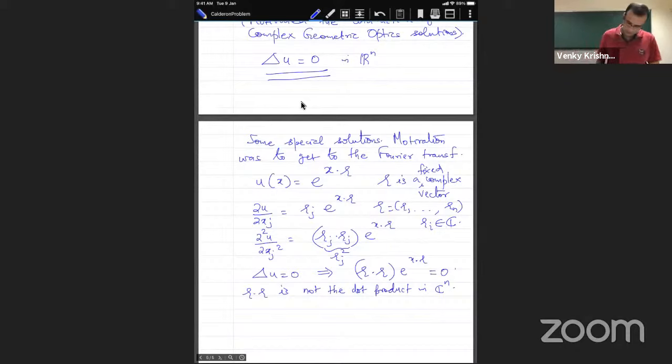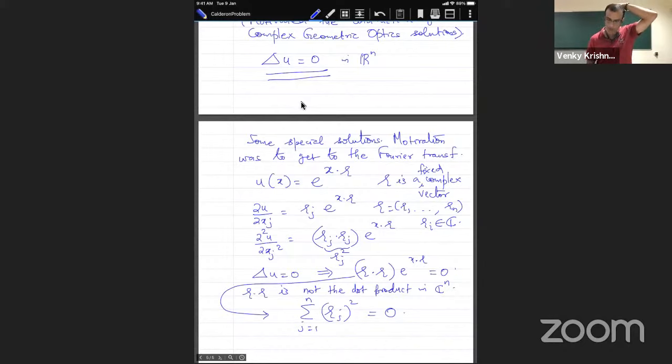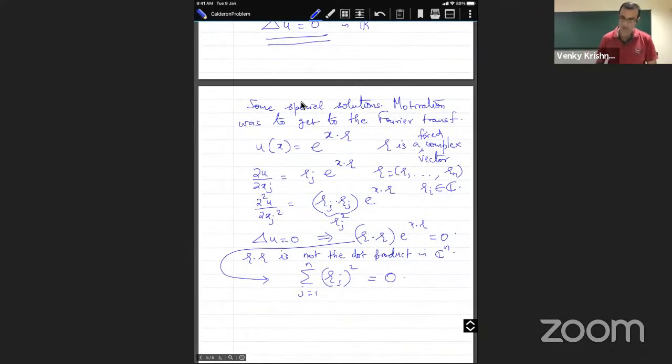And this zeta dot zeta is simply the summation of zeta j squared, j equal to 1 to n, and you must have that this is equal to 0. Of course, if you take the dot product, then zeta dot zeta equal to 0 implies zeta itself is 0. But we are not considering the dot product. We are actually considering that the sum of zeta j squared is equal to 0.